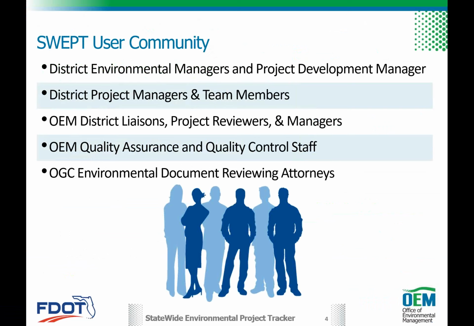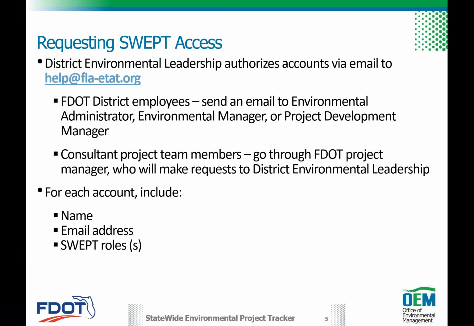But depending on the nature of the project, the issues, the complexities, the concerns, the reviewing attorneys can also be added as part of the project review team so that they are integrated upfront and coordinating on all the various project documents that are being produced in meetings as they go through the system.